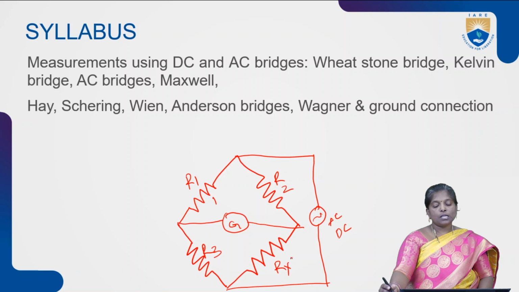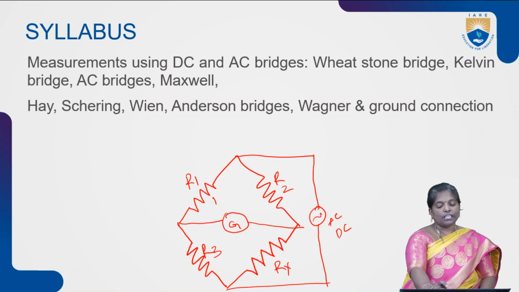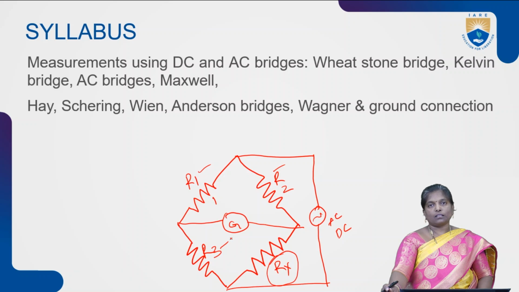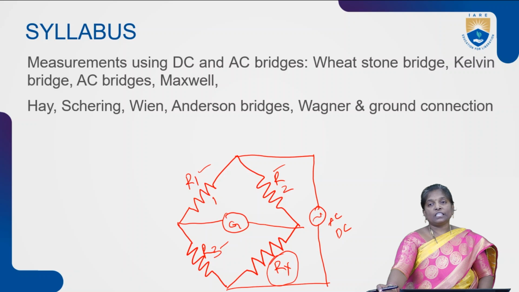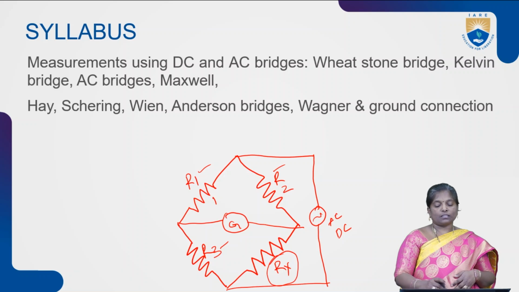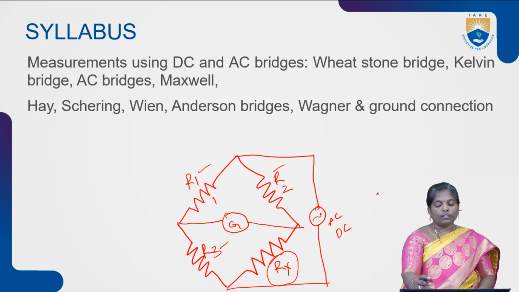In this case, by balancing the bridge condition, we can find out this unknown resistance with the help of these three resistances. This is the process present in the measurement of any unknown parameter with the help of known parameters. Here we can apply two types of inputs.